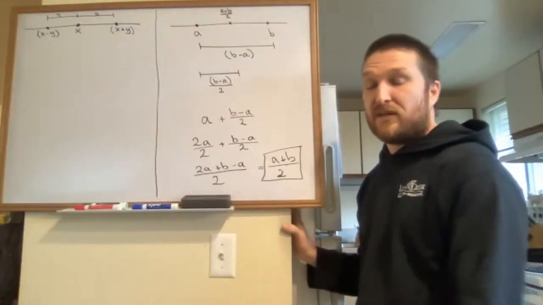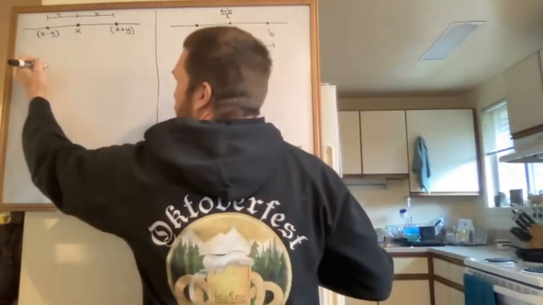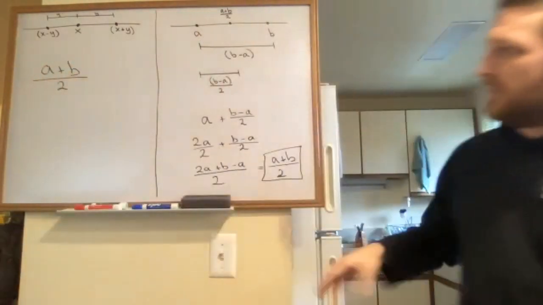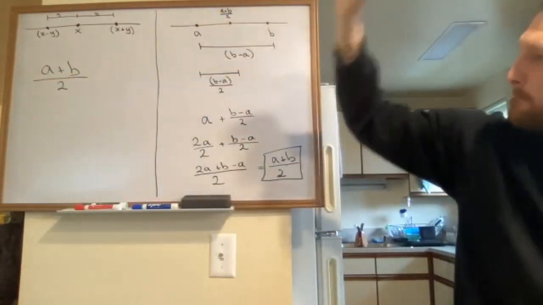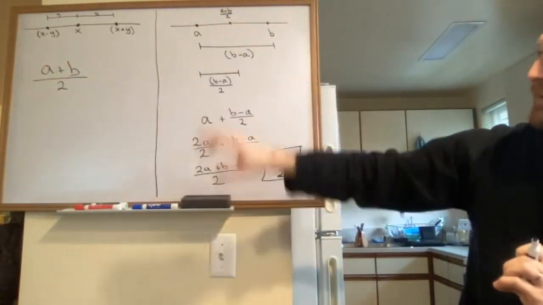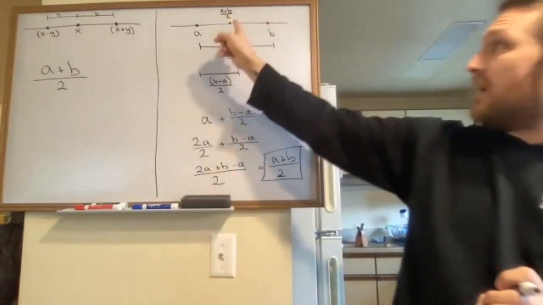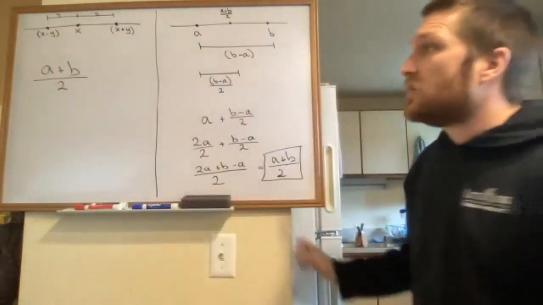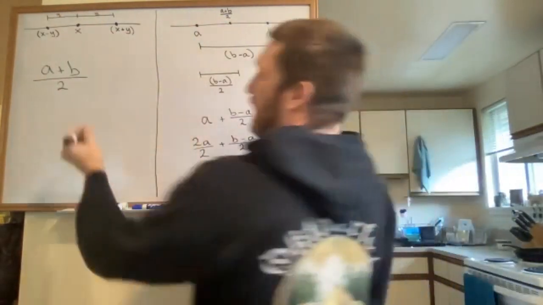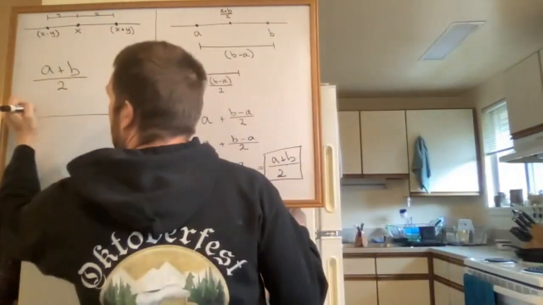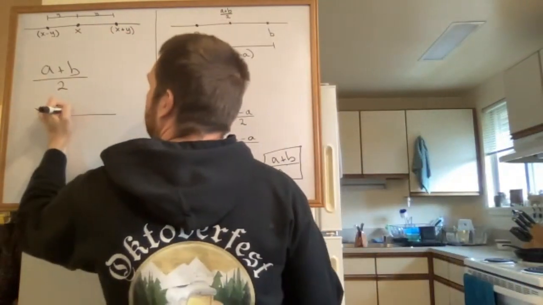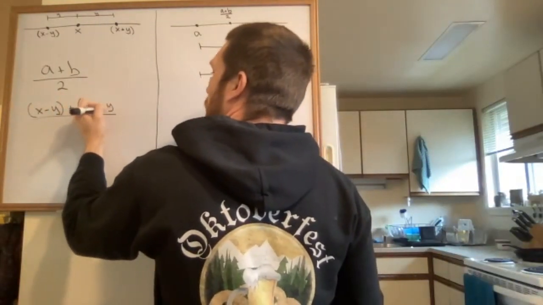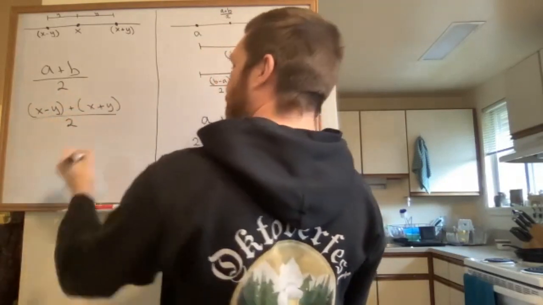Let's check it. We know that the midpoint is the average of these two numbers, in other words a plus b over 2, given a on the left, b on the right. All I need to do is add them together and divide by 2, and we will end up at the midpoint. So I plug in for a, the one on the left, x minus y, and add the one on the right, x plus y, and divide by 2.